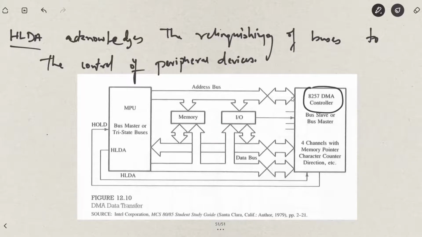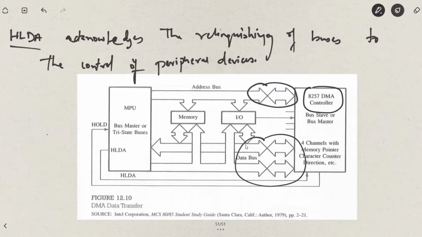You can see the address bus and the data bus of the microprocessor are directly under the control of this DMA controller. Intel uses this DMA controller for interfacing the external device with the memory of the microprocessor, not with the microprocessor.